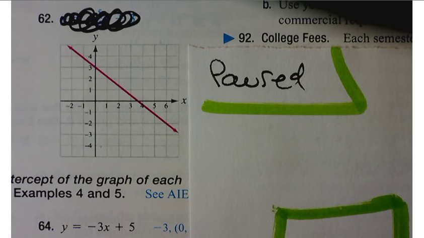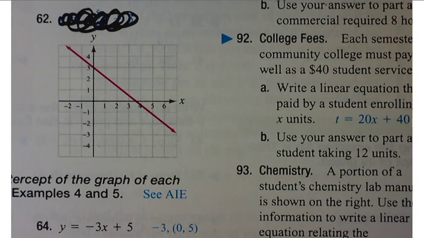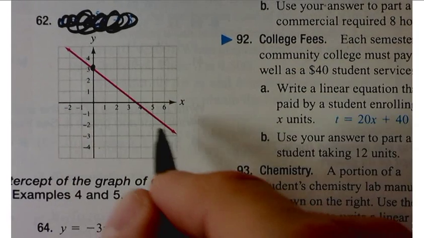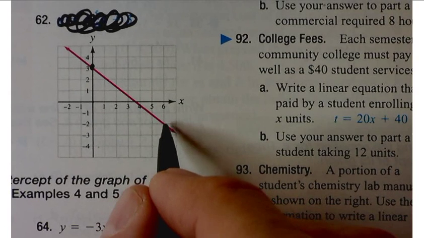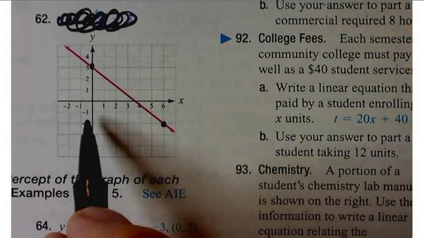Let me capture that for the video. So we're going to use these two points, this one here and (6, -2). The rise would be -5 because you're going down, and the run is +6.